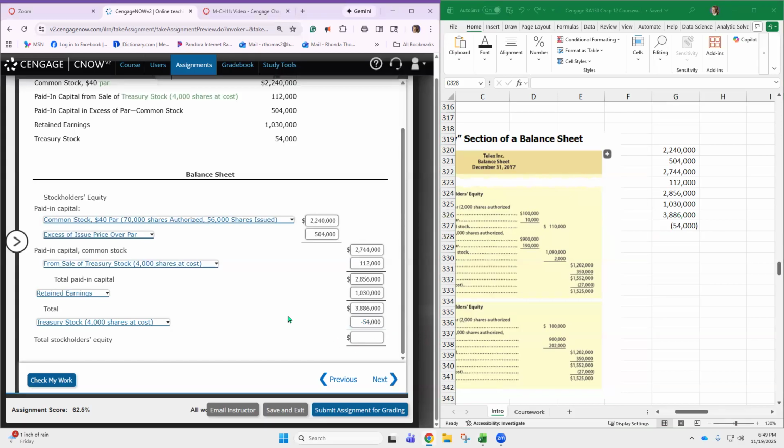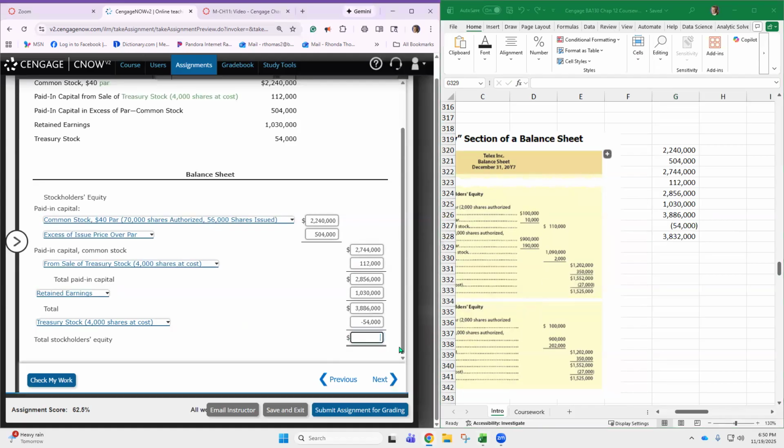You have to subtract any amount that's still in the treasury stock account, because you can't include your own stock as extra equity. If you own treasury stock, it has to come out of equity before you report your total equity.